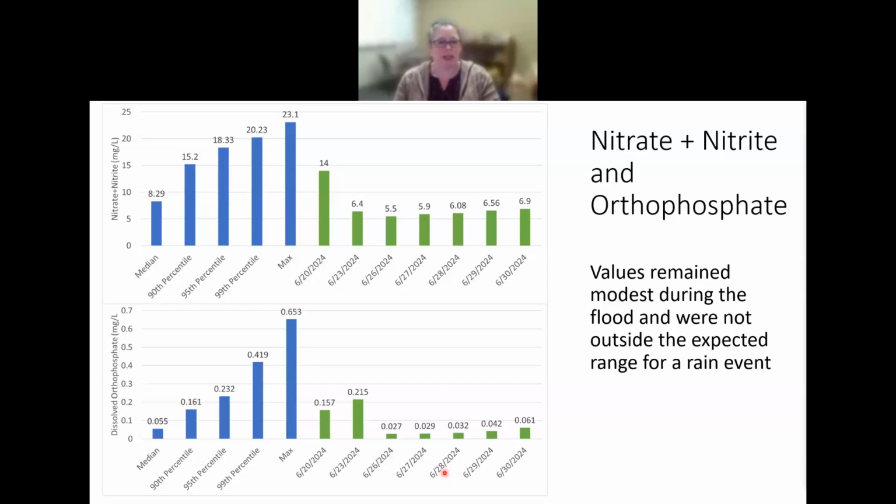So that, again, doesn't generally change very much with more sediment in the stream. And we saw that with the results, where we got values that did not exceed the max that we've ever seen. They were definitely elevated, to be expected with a rain event, but nothing as high as some of these other parameters.